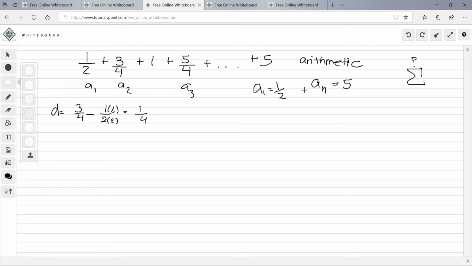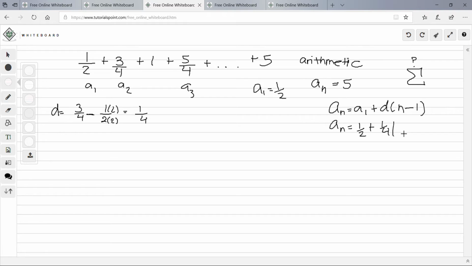What else do we know? If we know those two numbers, let's use the nth term of an arithmetic sequence. So we're going to use this formula. An equals first term plus d times n minus 1. So our goal is to find n. We know the first term, which is 1/2. We know the difference, which is 1/4.